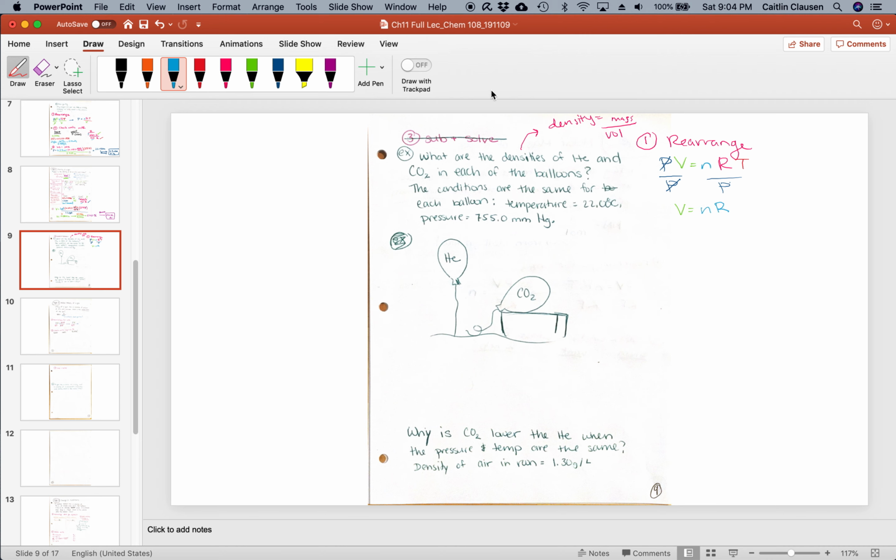I get overwhelmed with word problems, so I'm just showing each step as we go to reiterate that they're going to look pretty similar. And then we're going to divide by pressure. This is what we're going to use. Alright, step 2.